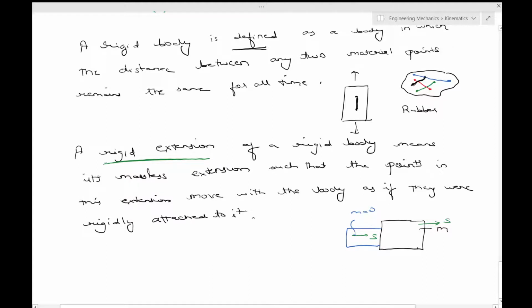Do note that putting a rigid extension does not mean that you will change the mass of this body. That's the whole point. So it should be a massless extension. That's why I have shown the mass as 0 for this rigid extension.